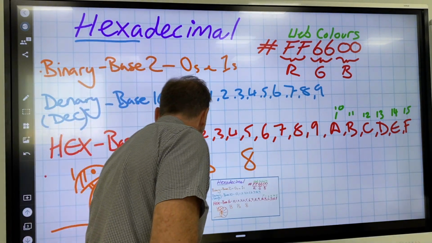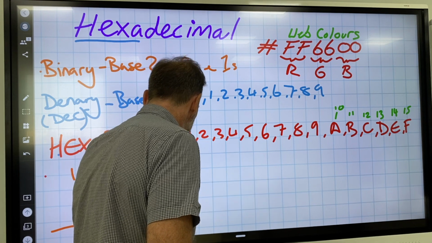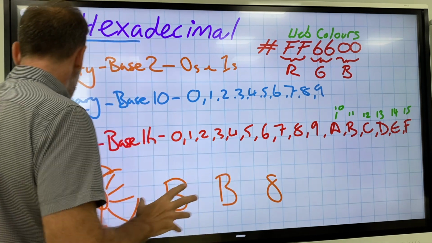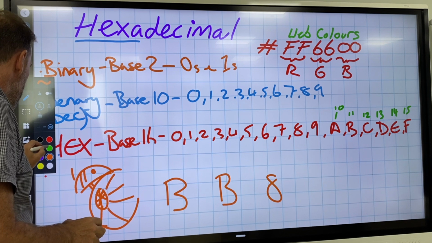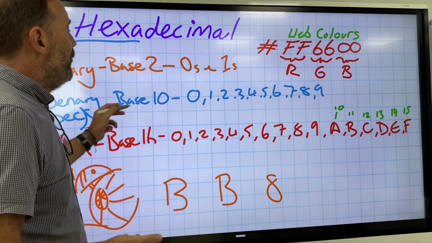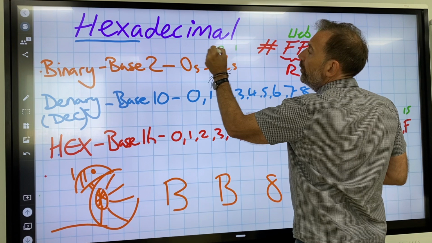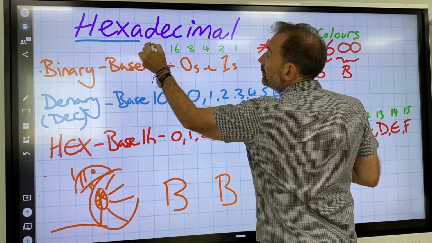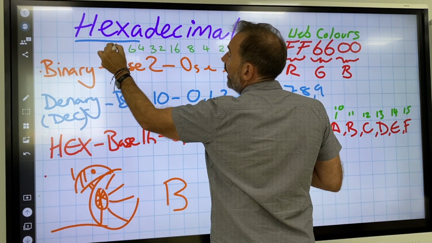I'm just going to move that down a little bit. B, B, 8. Now, I'm going to run out of space quite quickly, so let me reduce the size of the pen. In a base 2 number system, we did 1, 2, 4, 8, 16, 32, 64, 128.